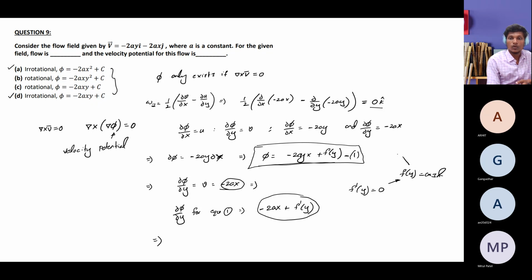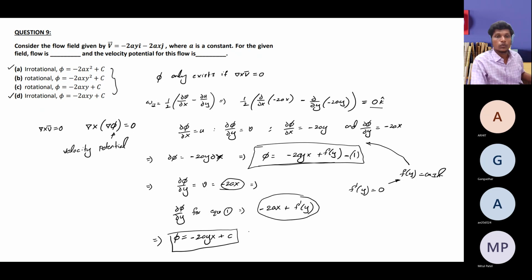Now we get f of y. Substitute that constant c back into the equation. Then phi equals minus 2ayx plus c. That is our solution. So the flow is irrotational and phi equals minus 2ayx plus c.